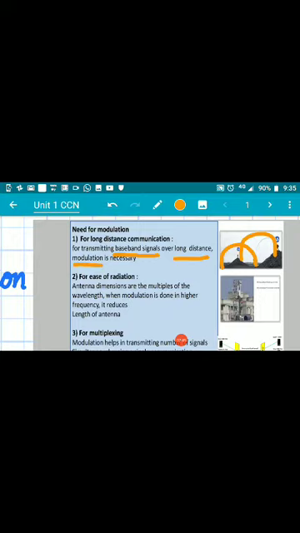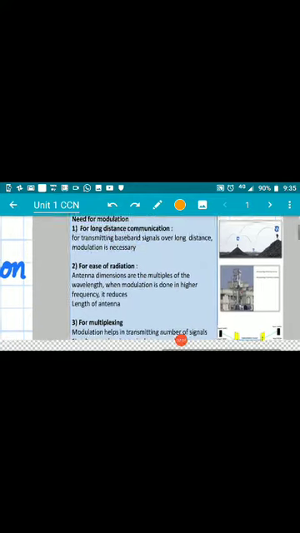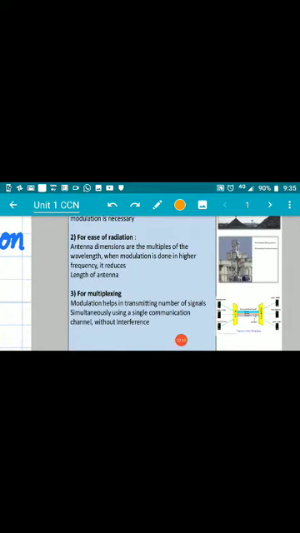What do you mean by modulation? Modulation is a process of changing the characteristics of the carrier wave according to the instantaneous values of the modulating signal.